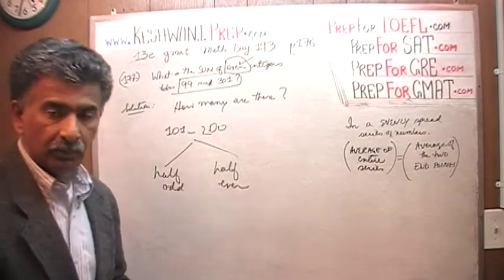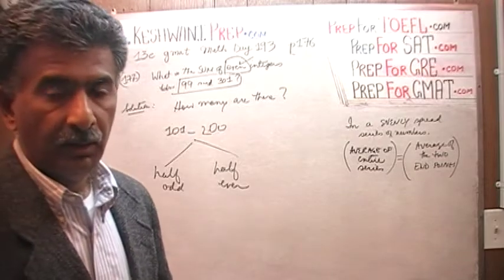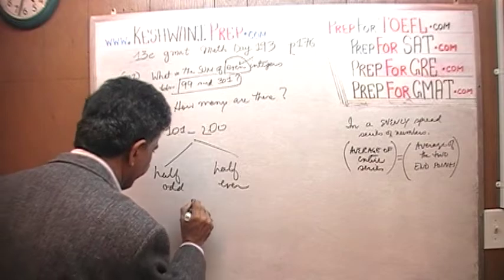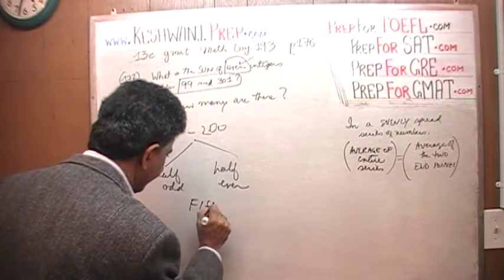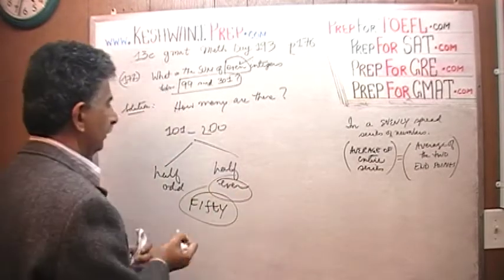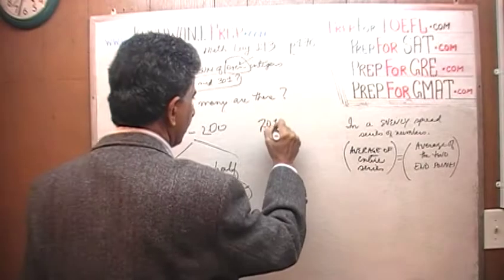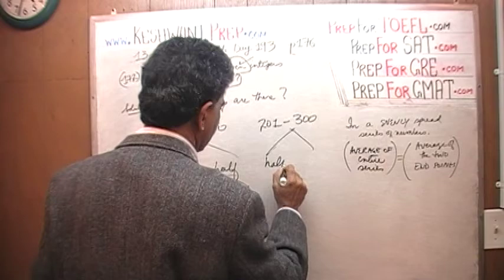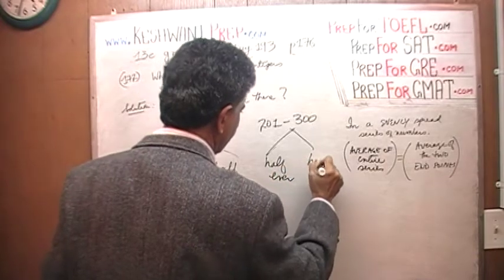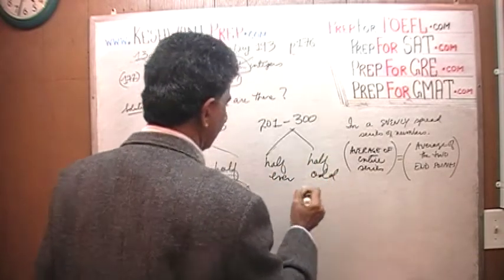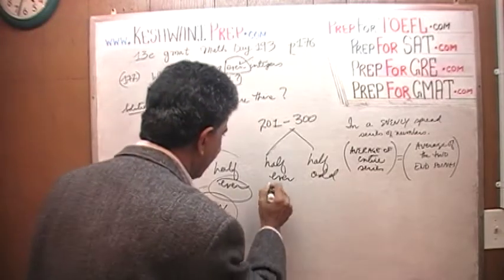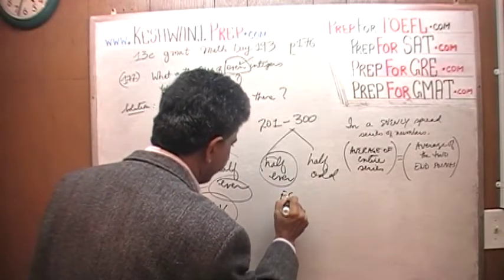There are 100 integers, half of them even, half of them odd. So that's 50 so far. Similarly, from 201 to 300, 50 of them are going to be even, 50 odd. So that's another 50.